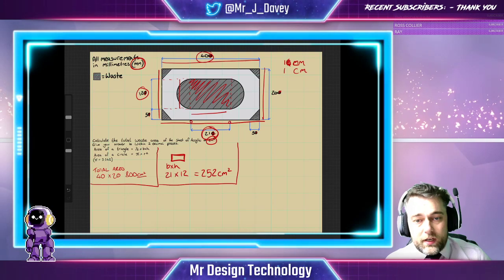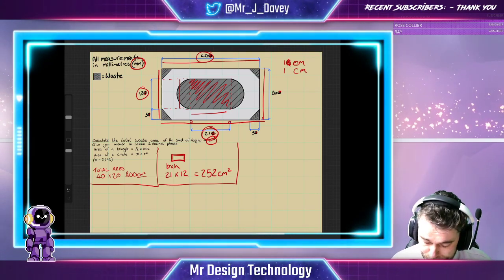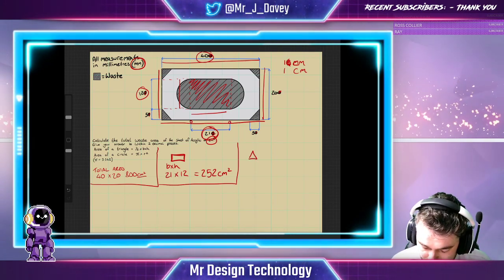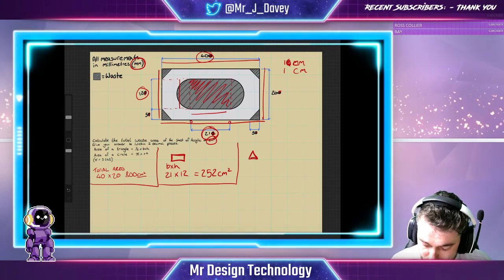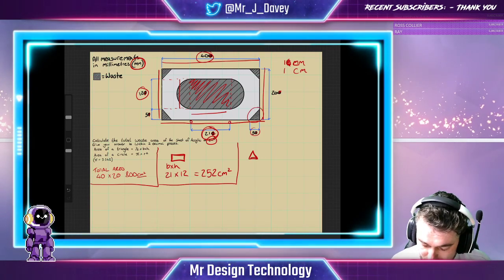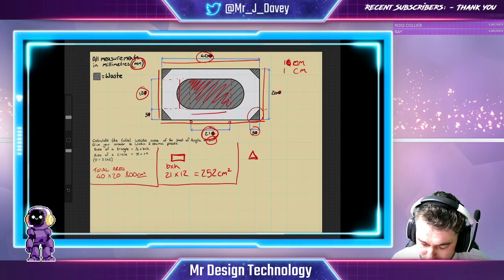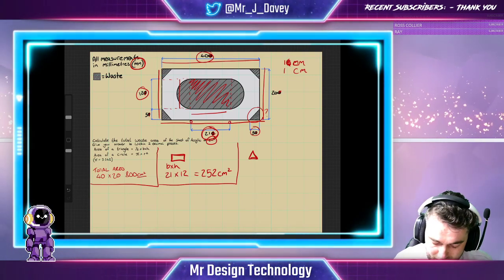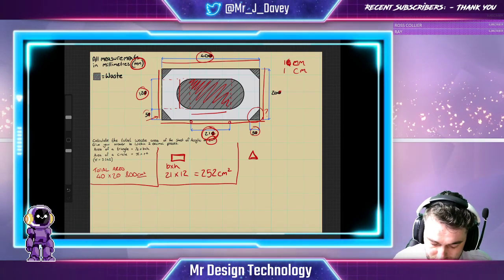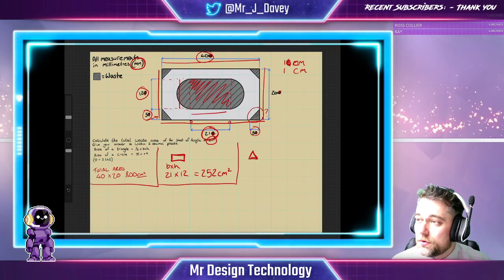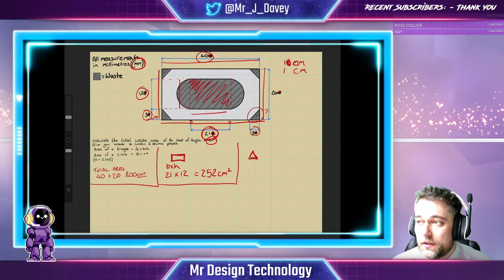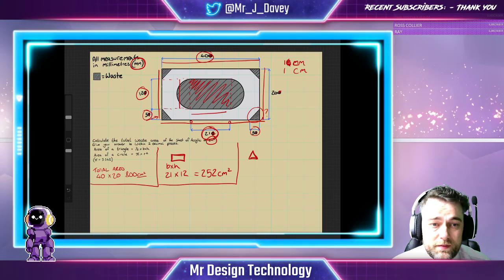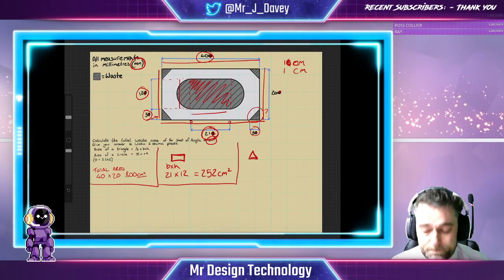Okay, let's move on to something a little bit more complicated. Let's go on to the triangles. Now I've got my triangle over here and I've got a measurement there. I haven't got one over here though. I have got one there. So I can treat that as an equilateral triangle and say that it's got 5 centimetres as its base and 5 centimetres as its height.